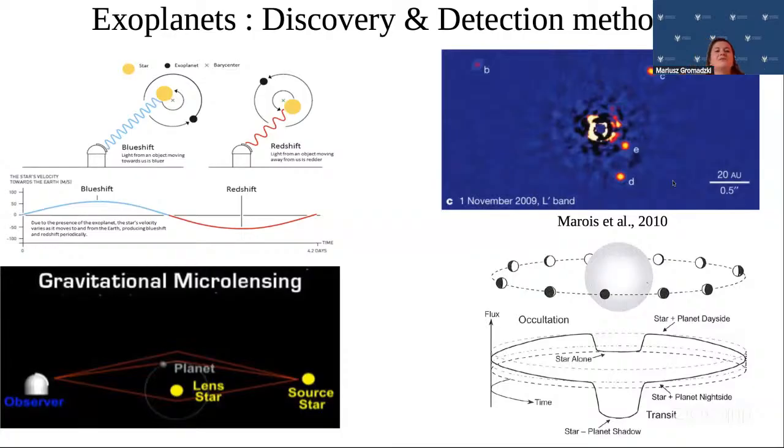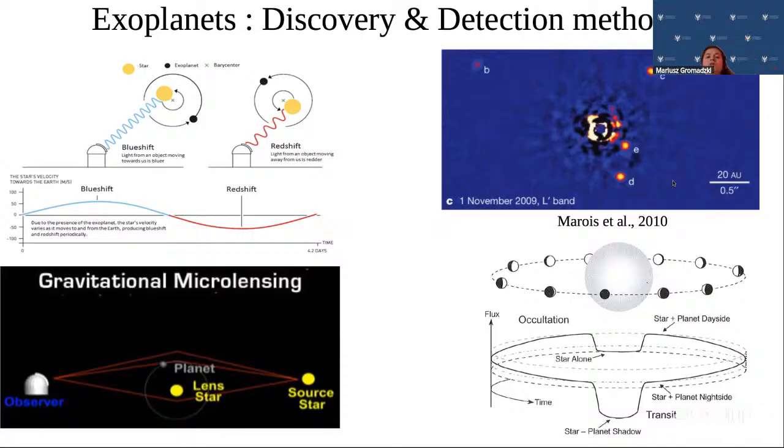So I'm going to start with discussing a little bit about exoplanets and the different detection methods and what we can see from each, starting with radial velocities, the method that has given us the first historical exoplanet detection.